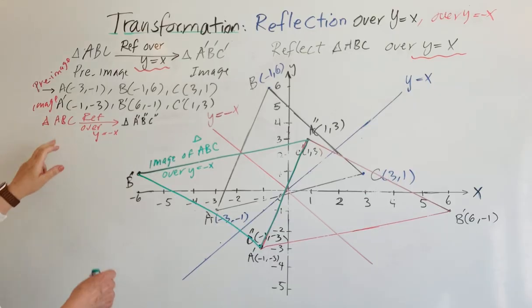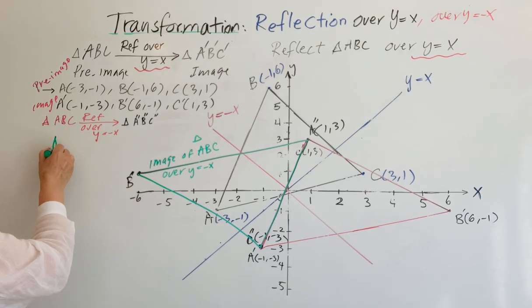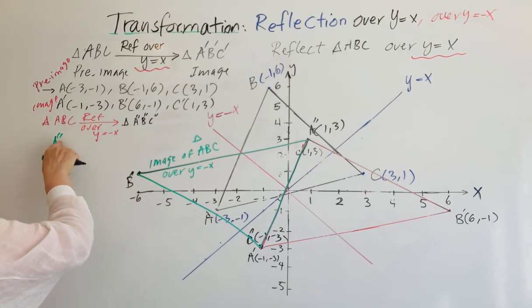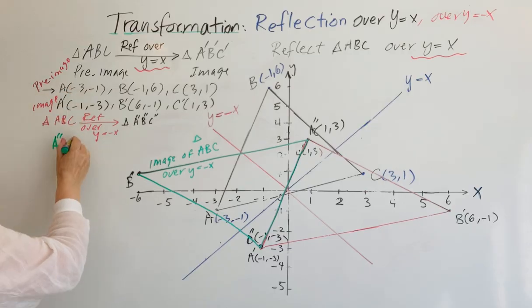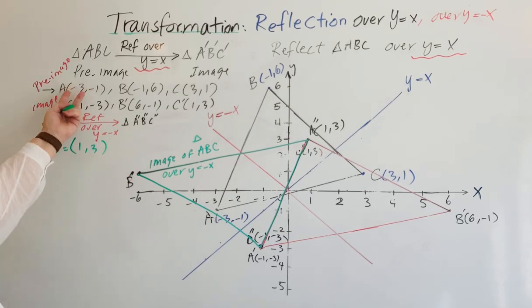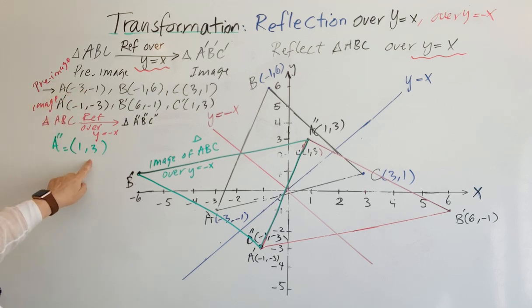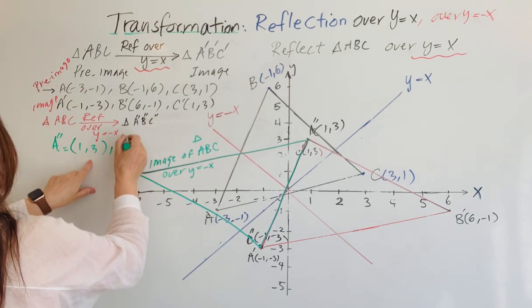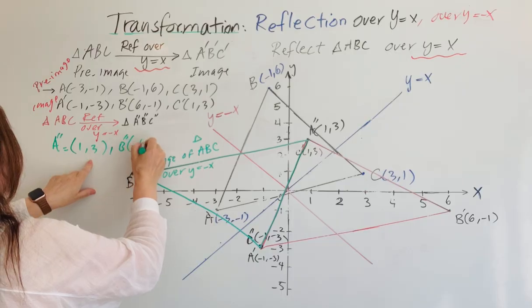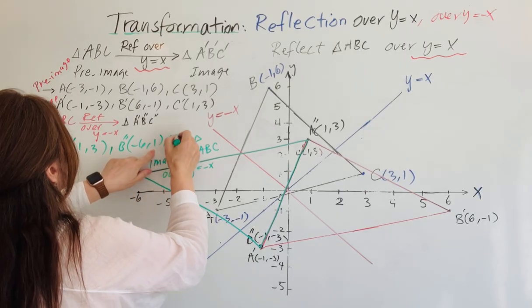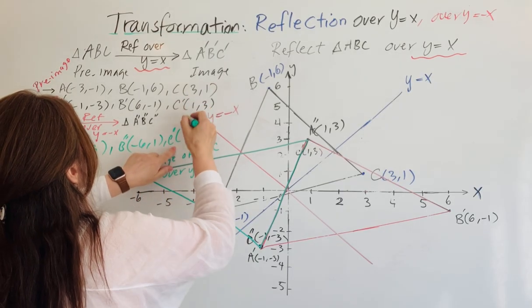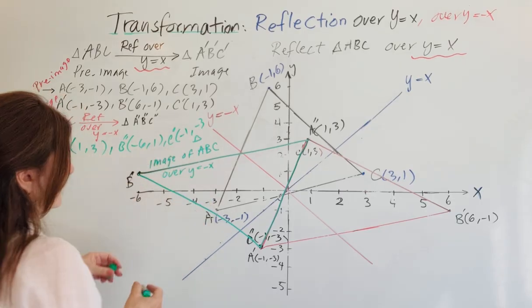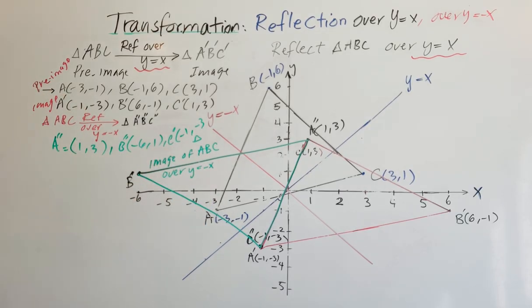But for this one, A double prime is (1, 3). For B, we change the place and the sign: B double prime gets (-6, 1), and C double prime gets (-1, -3). Right?